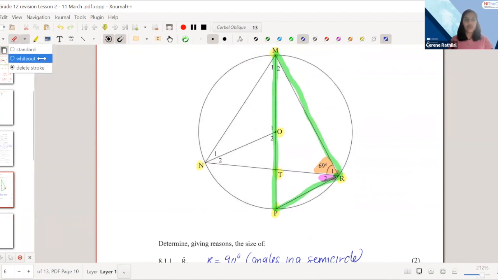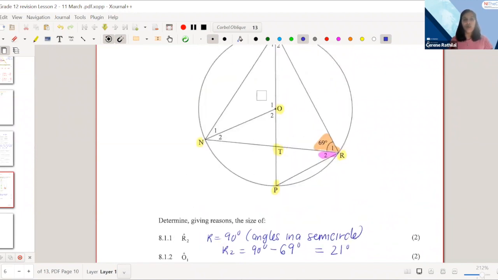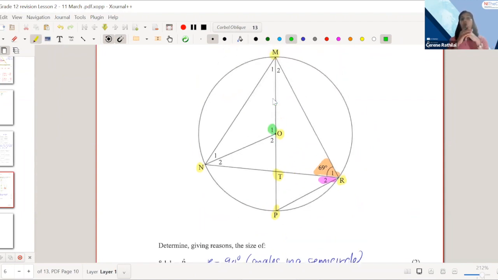So the next question deals with, what is angle O1? So where is O1? Here it is. We now need to compute O1.